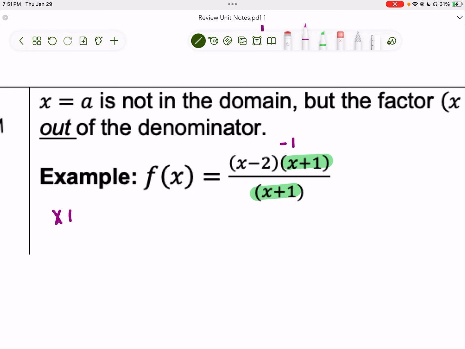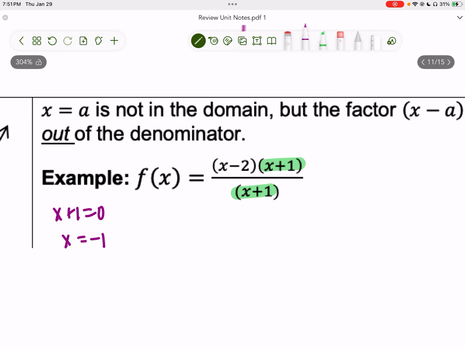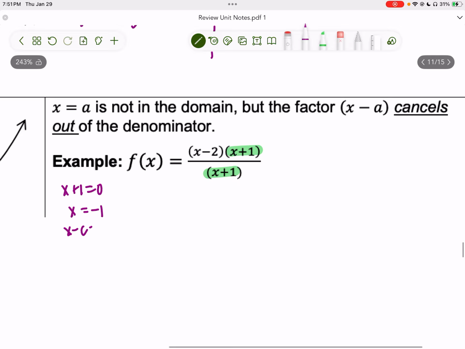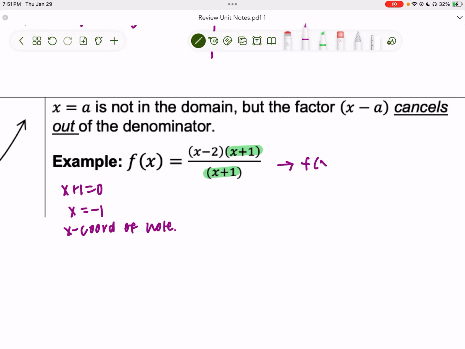So if we have x plus 1 equals 0, we find that x equals negative 1. This is what we call the x-coordinate of the hole. The function can't exist in the current format. It can, however, exist as f of x equals x minus 2. Once you get rid of this, you now have a function that works.